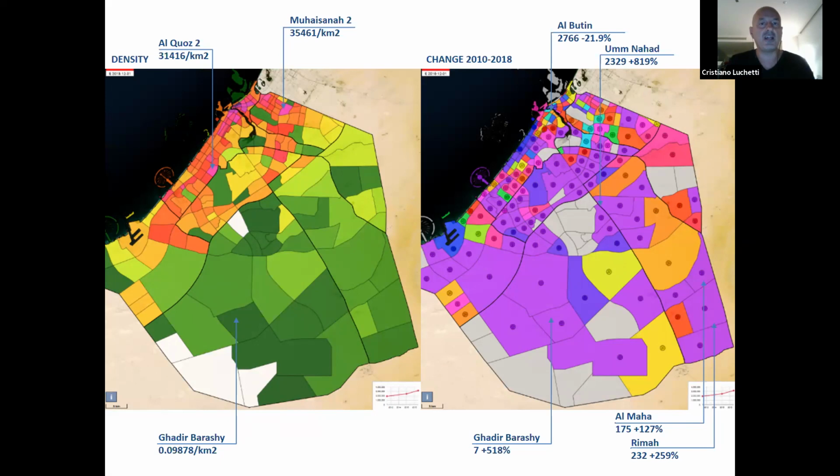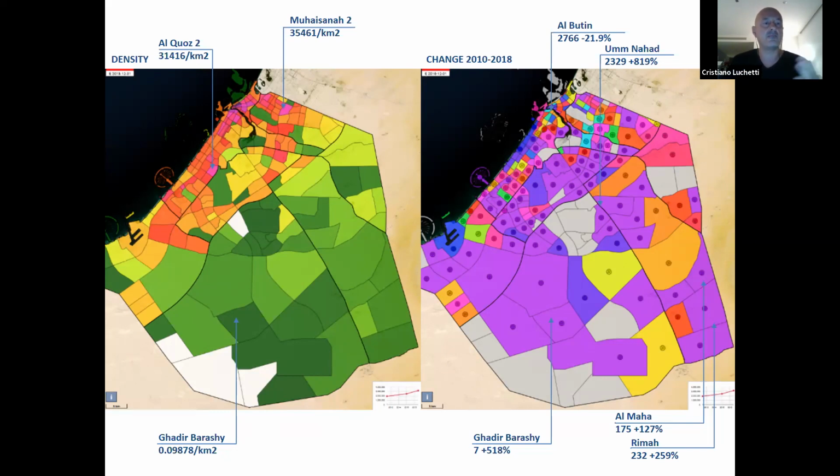Now, if you look at these maps and this diagram, you can see how the density changes a lot from the central part within Dubai, where you go from the highest density area, which kind of matches where the labor camps of workers are.